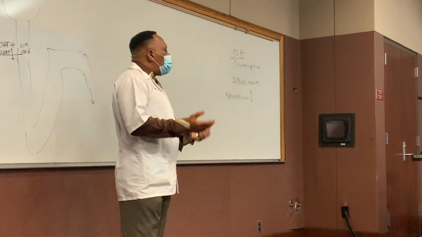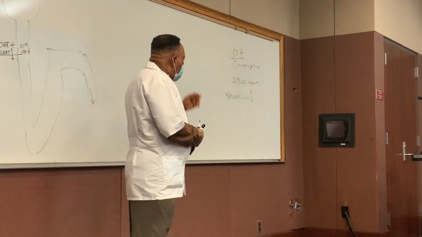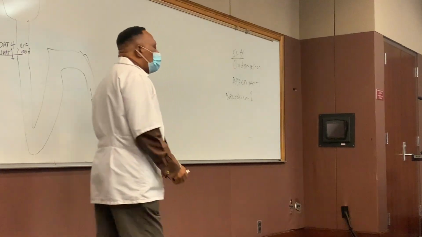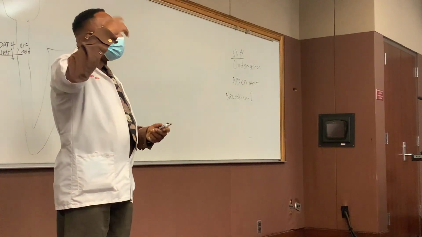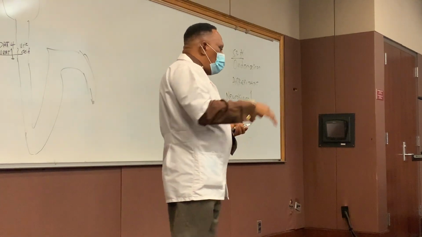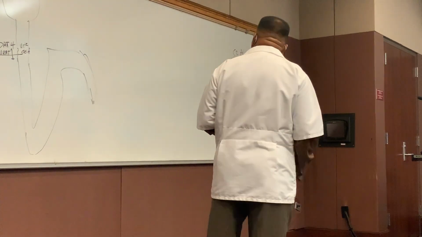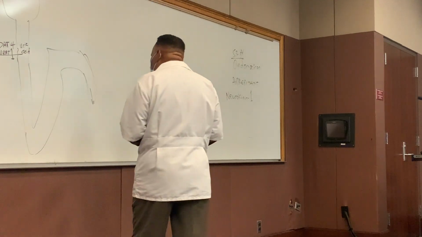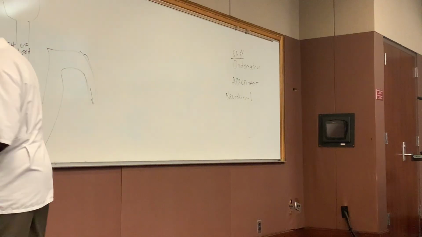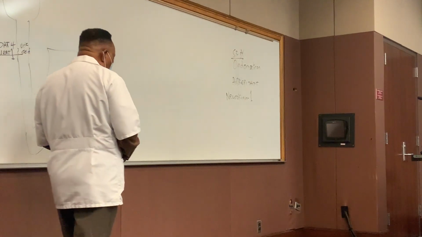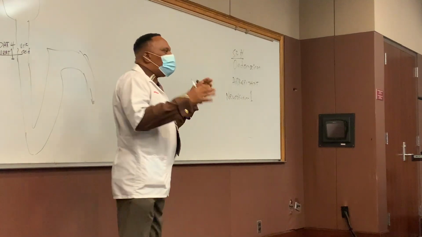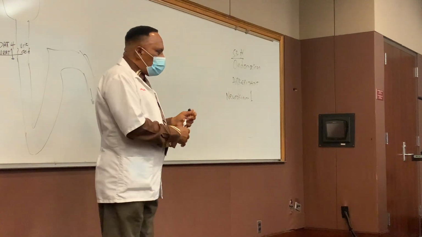So if you take it orally, it usually just works at the peripheral level, but if you give it by injection, it can work both at the CNS level and at the peripheral level. So that covers basically the nausea and vomiting management.